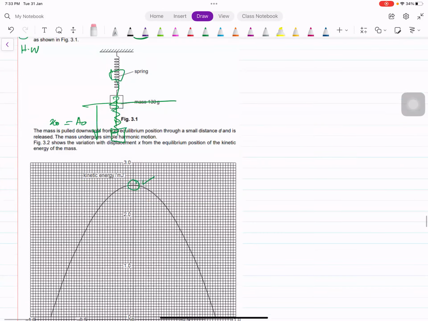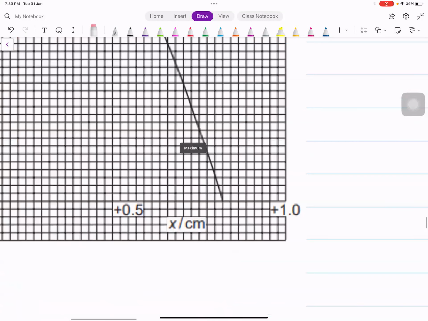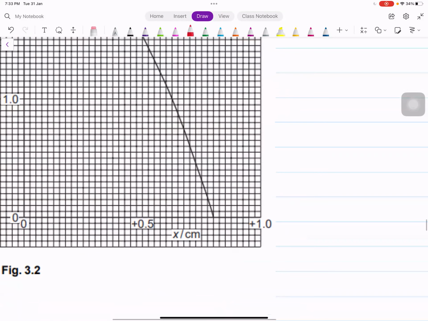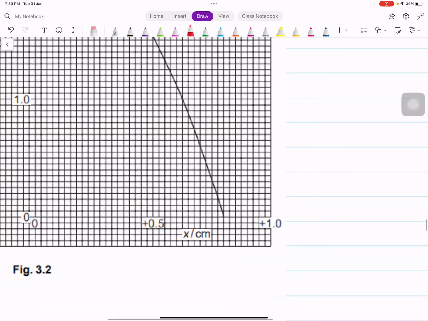Why do you guys worry about it? So first of all, let's find it. This is actually in the middle, I believe, right? Every time they give you a value like this. This is 0, and 1, 2, 3, 4, 5, 6, 7, 8, 9, 10. So this is 0.5.